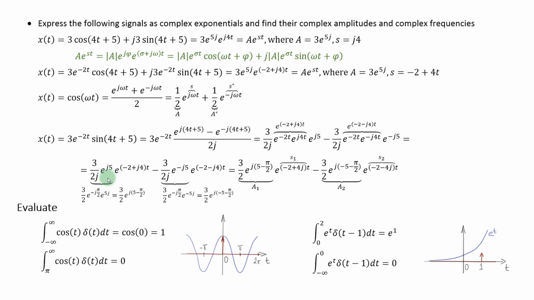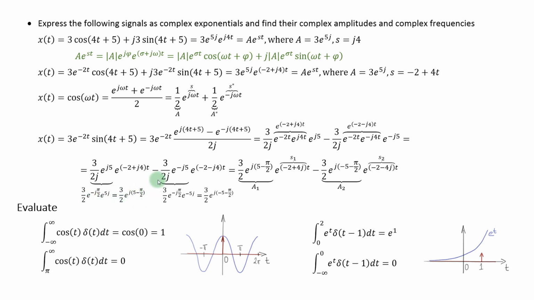If I really do like my complex amplitudes in the polar form, I need to make some further adjustments. What I need to do is to realize that 1/j I can write as e to the minus j times pi over 2. So this expression I can write like this, and this entire complex amplitude I can write like this. And when I combine these two exponentials, this will be my complex amplitude.